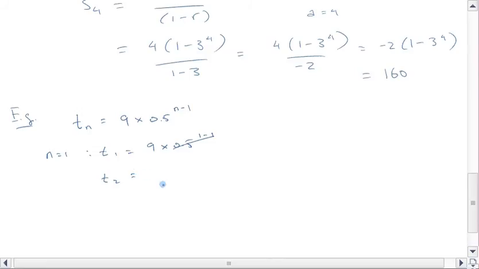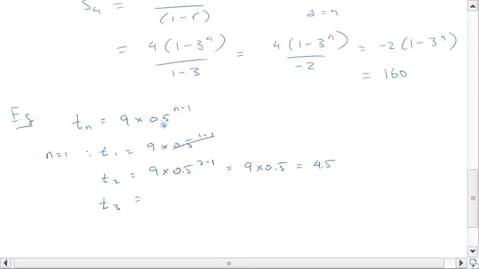T2 is equal to 9 times 0.5 to the power of 2 minus 1. 2 minus 1 is 1. 0.5 to the power of 1 is just 0.5. So that's 9 times 0.5, which is 4.5. T3, right?